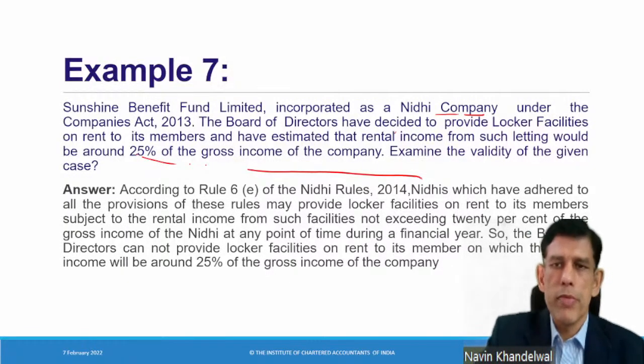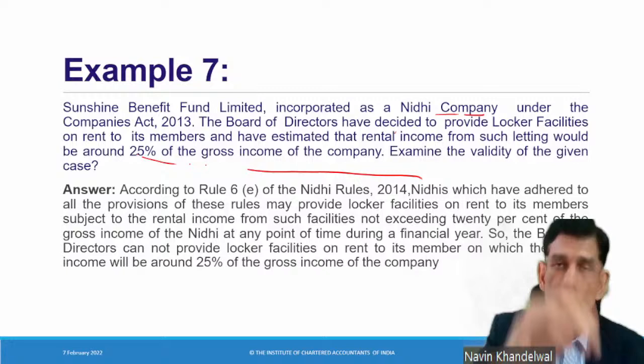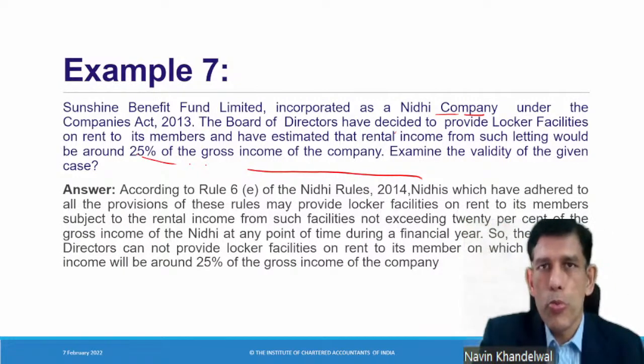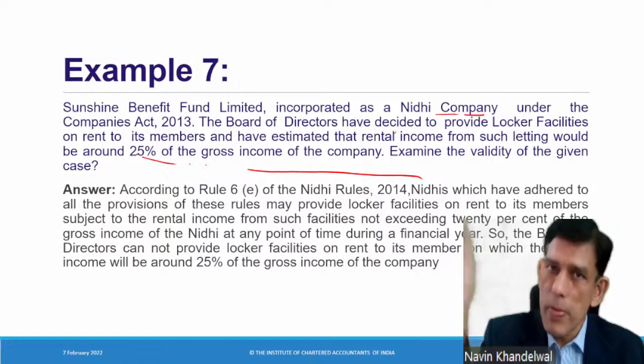So I think we all understand now. The validity is that as per Rule 6, if the Nidhi company has adhered to all the regulations of the rules, then it is allowed. First, they should adhere to the regulations. Then they are allowed to provide locker facility only to its members.